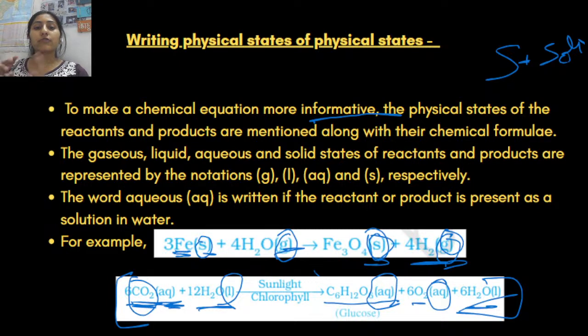So the word aqueous is written as aq in the reaction, if it is present in a reactant or product, wherever it is, as a solution in water. So we must write solid, liquid, gas or aqueous, whatever the state of that particular substance is, to make the reactions more informative, right?